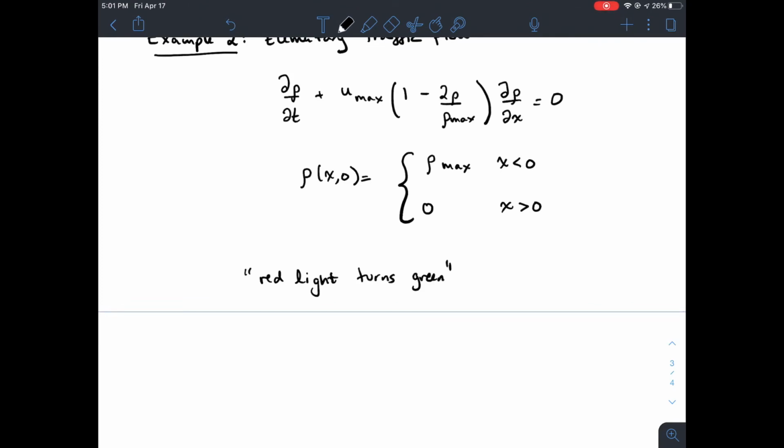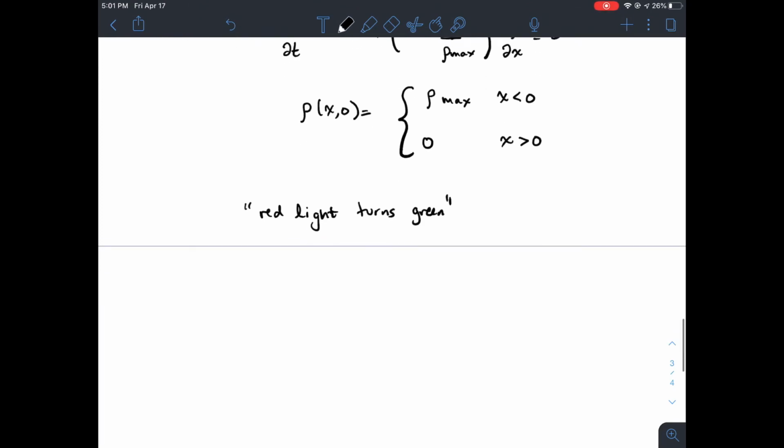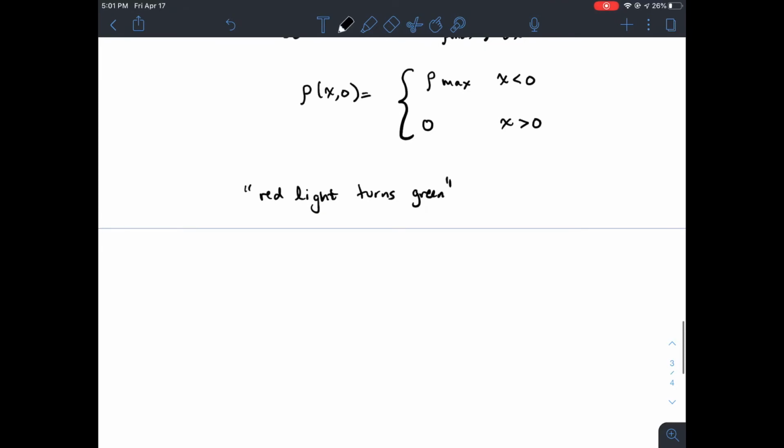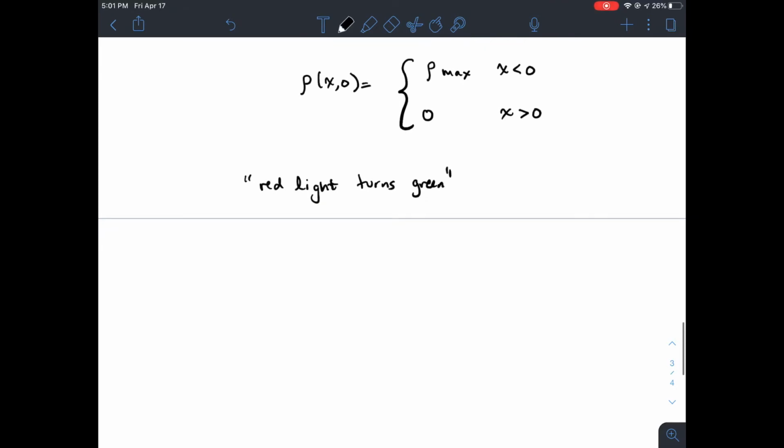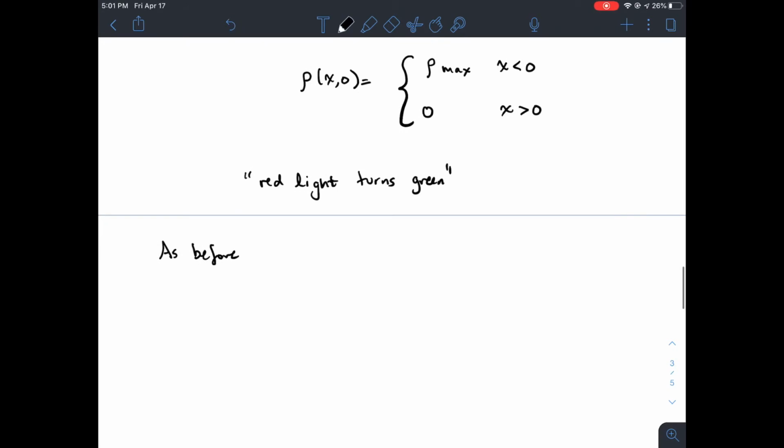Now, the way I'm going to solve the problem is very much the same. Okay. I'm going to take dx/dt, because there's no q, right? We still have d rho/dt being 0, so rho is going to be a constant. So I'm going to look at the dx/dt, right?